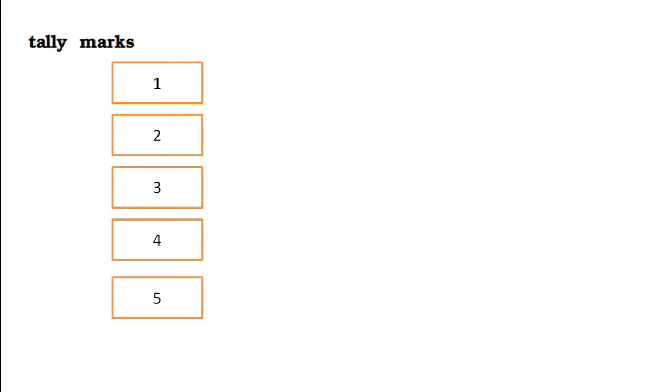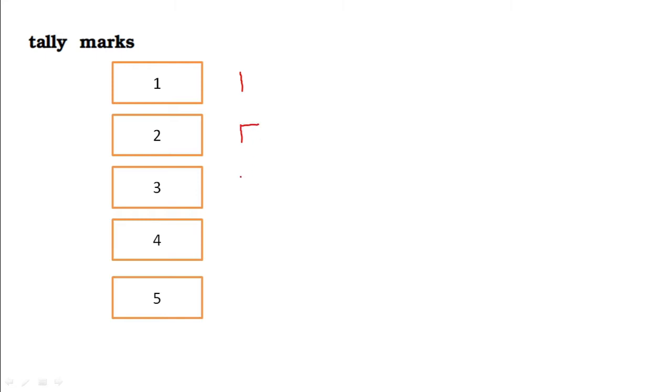What is a tally mark? A tally mark is a symbolic way to represent a number. In international numerals, 1, 2, 3, 4, 5 are there. How do we represent these symbolically? This is 1. In order to represent 2, we do 1, 2.